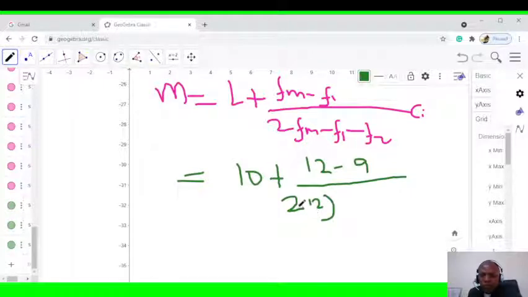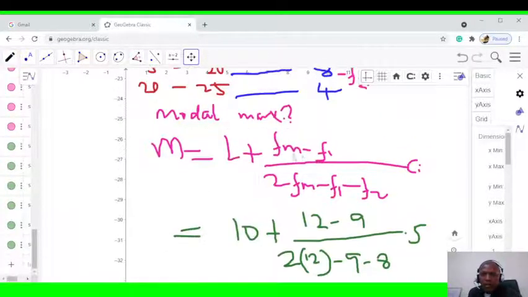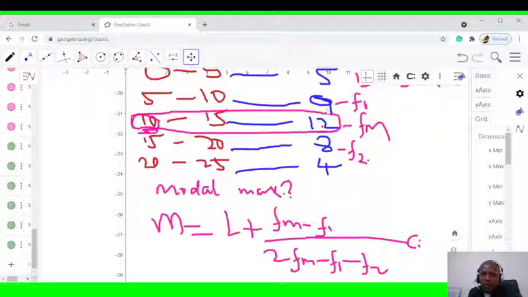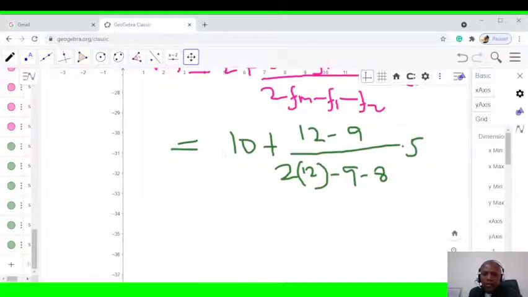So 2 times 12, minus F1, which is 9, minus 8, times the class interval. We have said the class interval is 5. We can go back to the figures again and reconfirm that our F1 is 9, our F2 is 8, and our FM, the frequency of the modal class, is 12. So we can go ahead and substitute.